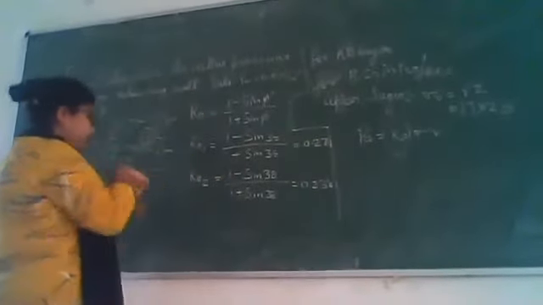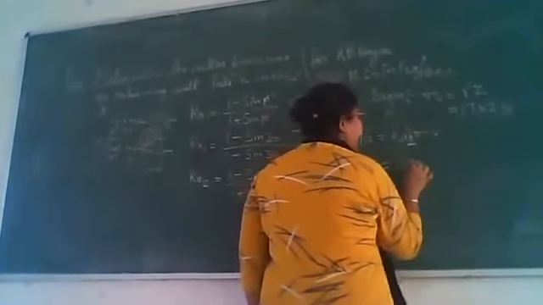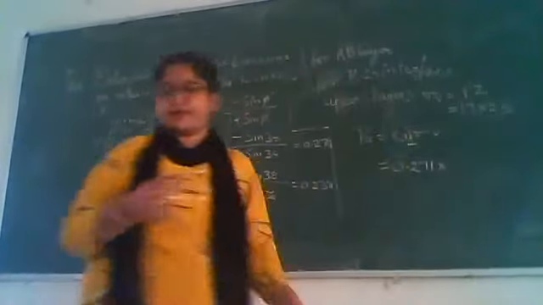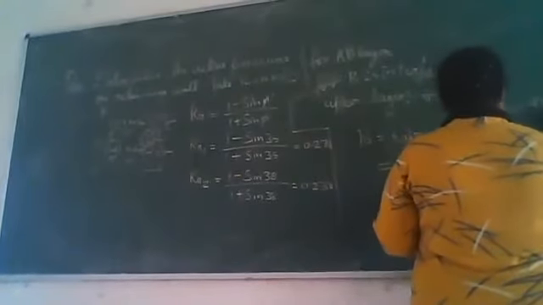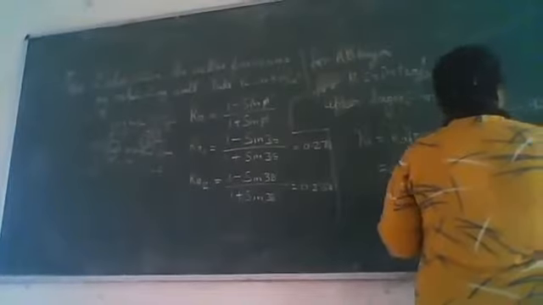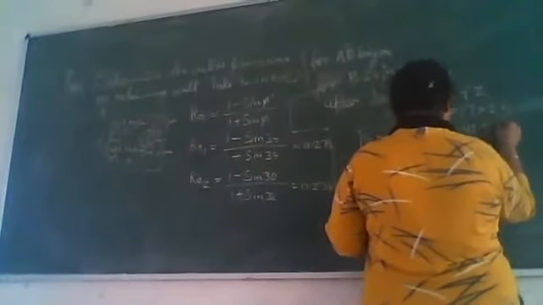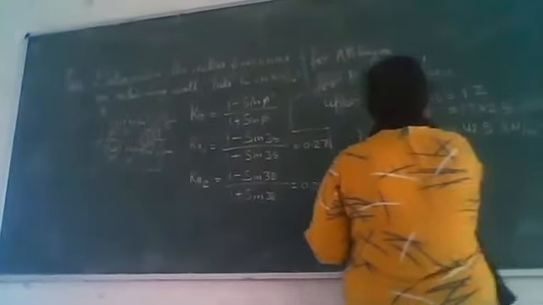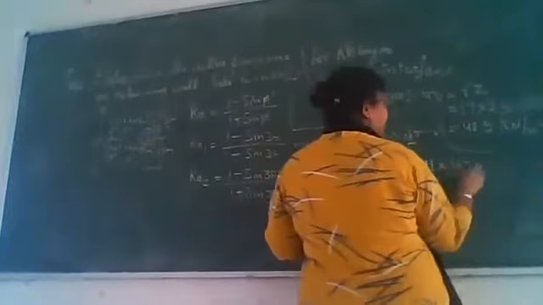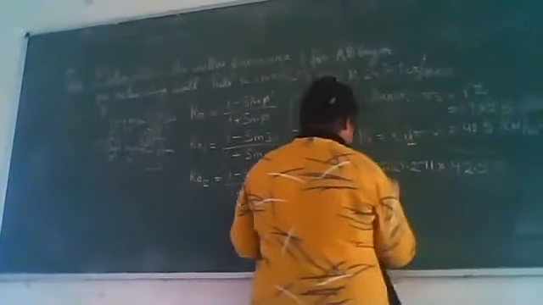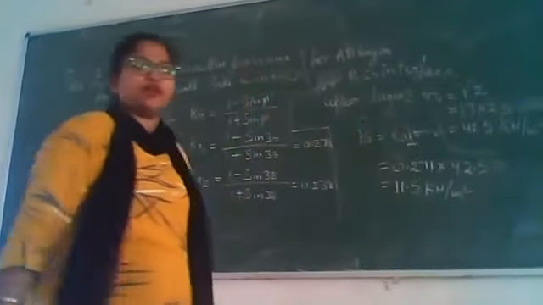For the upper layer, our Ka is Ka1, so Ka1 value is 0.271 multiplied by 42.5, which is 11.5 kilonewton per meter square. So this is the value for the upper layer.